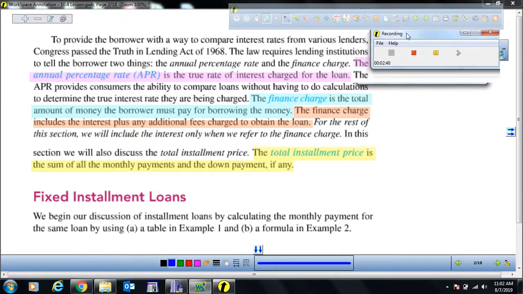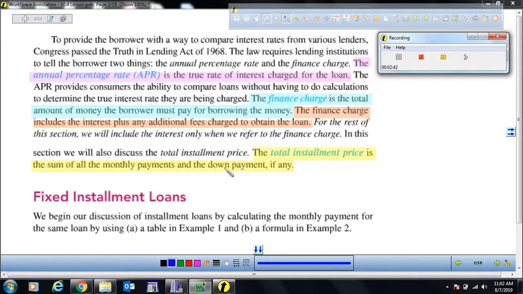The next slide says that something important that we're going to be using a lot is something the law requires lending institutions to tell the borrower: the annual percentage rate and the finance charge. The annual percentage rate, abbreviated APR, is the true rate of interest charged for the loan.